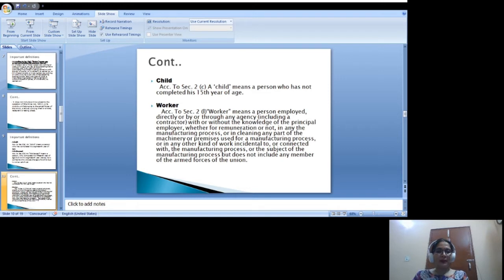Now, worker means a person employed directly or through any agency, including a contract, with or without the knowledge of the principal employer, whether for remuneration or not.